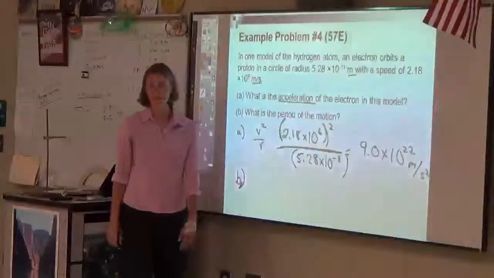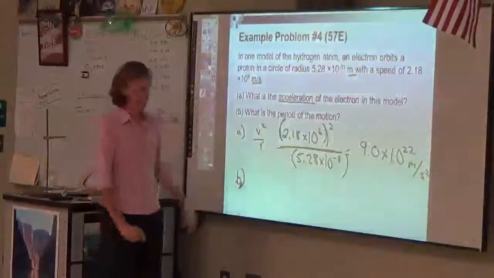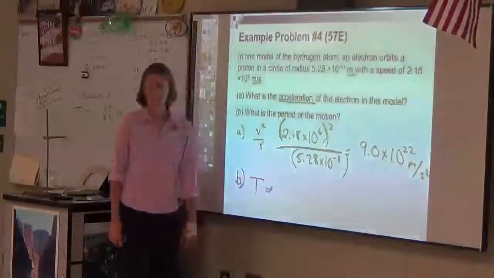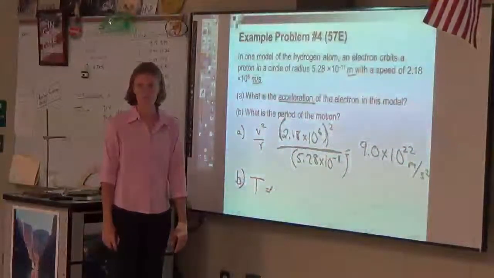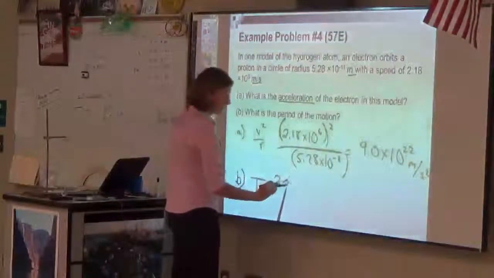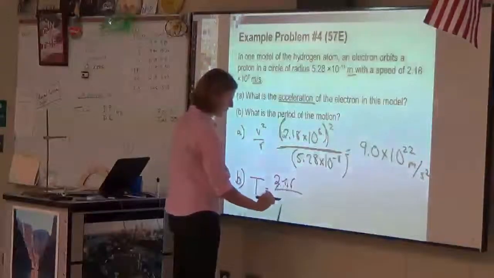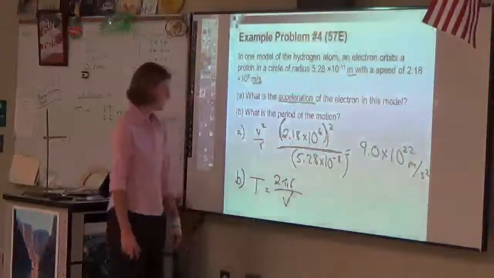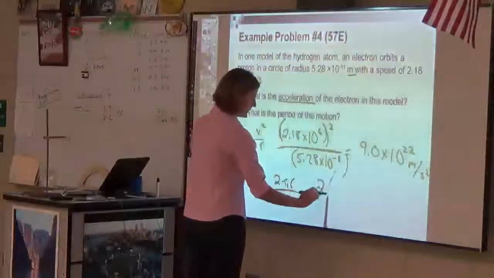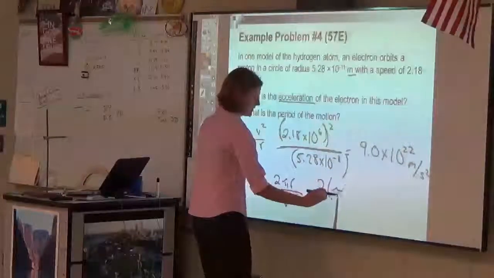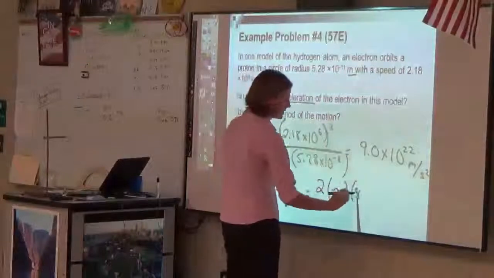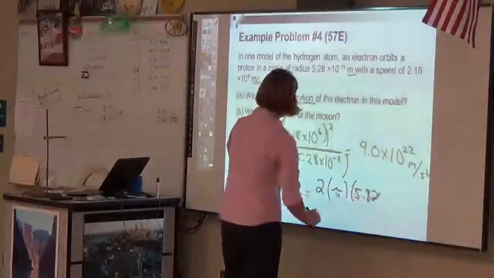What is the period of motion? Okay, that's the formula from the page before. Period again is capital T. What's the formula? Oh, 2 pi radius and, good, pretty much circumference over speed. So, oh, I wrote that backwards.